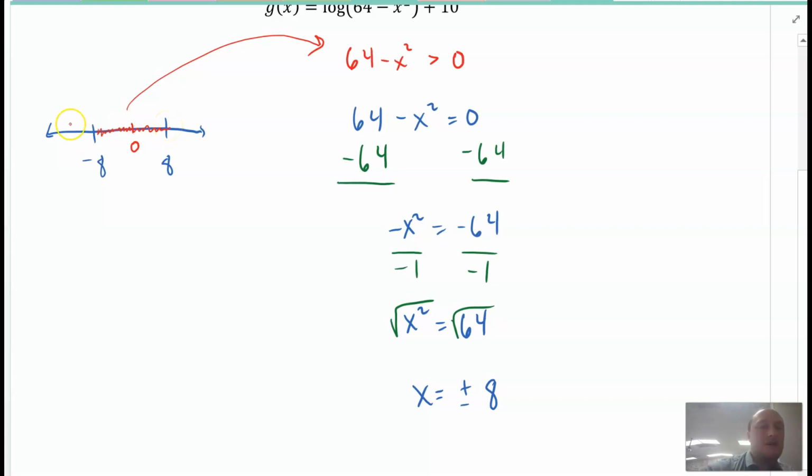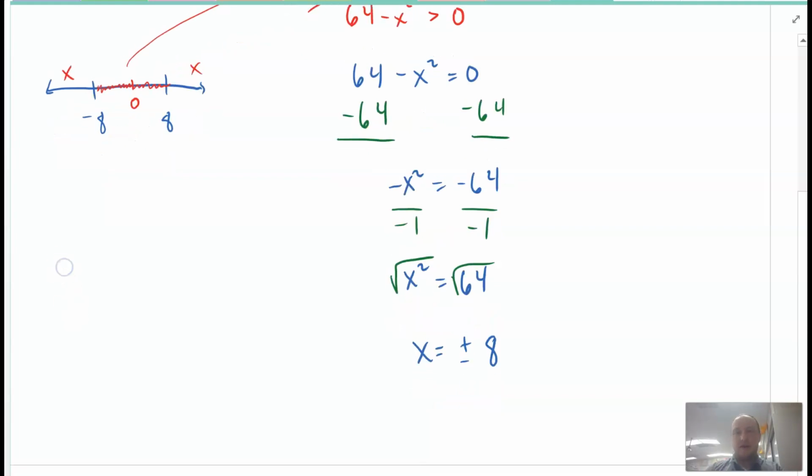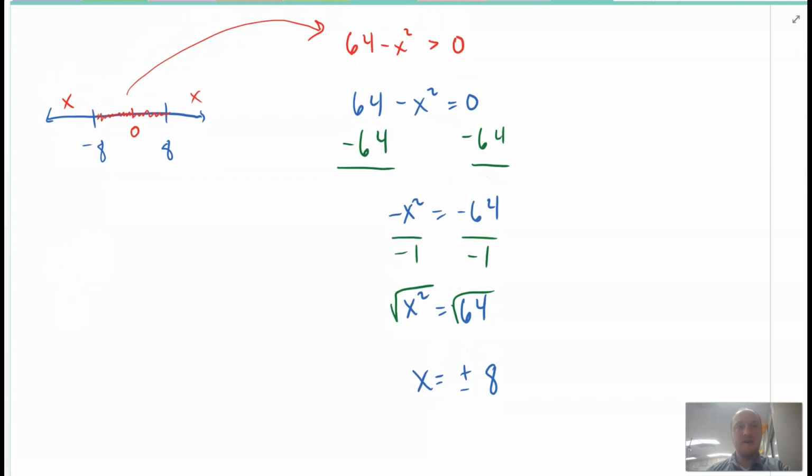On the outside, if I plugged in any values out here, I would get a non-true statement. Those are negative argument values, which our function's not defined there. So we have to define this as our domain. So in set notation, our domain is the x values such that x lives between negative 8 and 8.